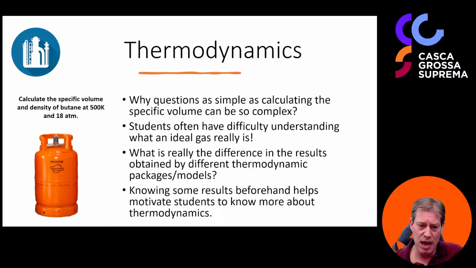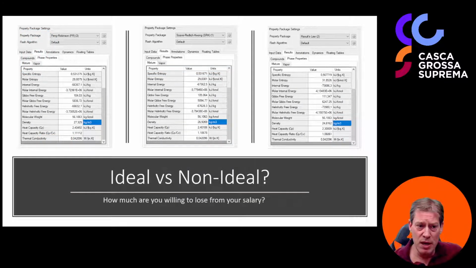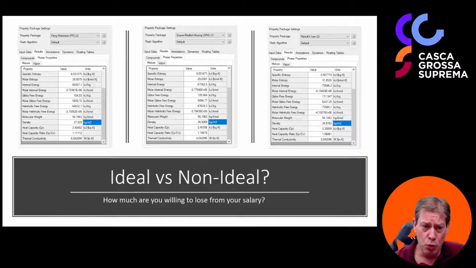Tools like DWSIM help us to know some results and show the students some results beforehand, and this motivates the students to know more about thermodynamics and answer simple questions, like how calculating the density of a gas using different thermodynamic model packages could generate errors which can reduce a lot the profitability of a chemical industry.